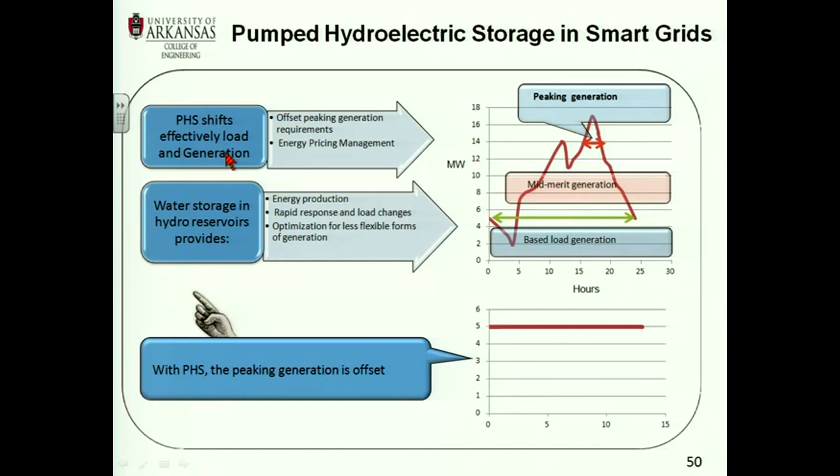So how do you do that shifting? And that's basically where pump hydroelectric storage is, to use cheap energy at 3 a.m. from the wind to store, right? In reality, you cannot store power. You have to consume it, but you can store it in a battery.